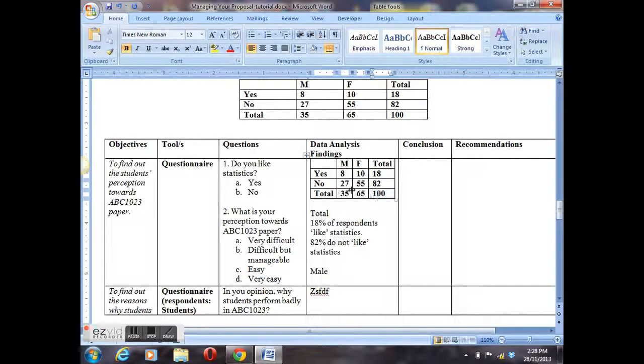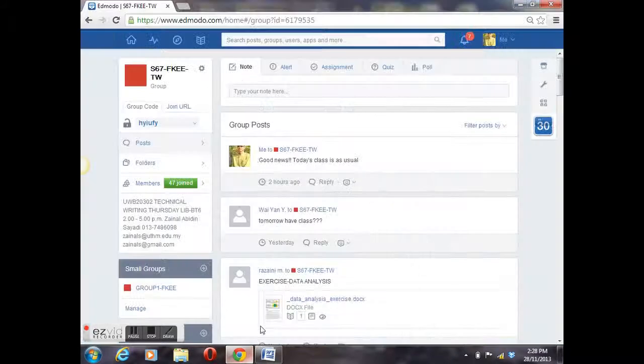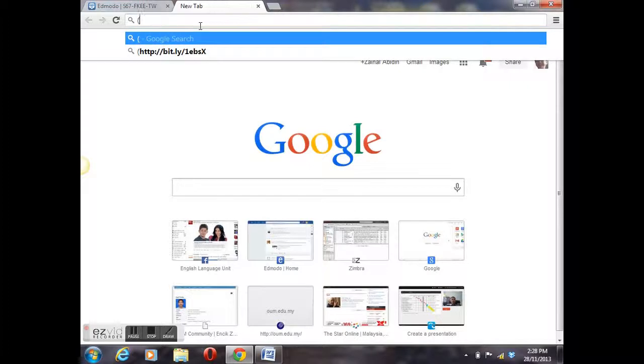If you want to talk about these male respondents, it is 8 out of 35, which is 8 divided by 35.